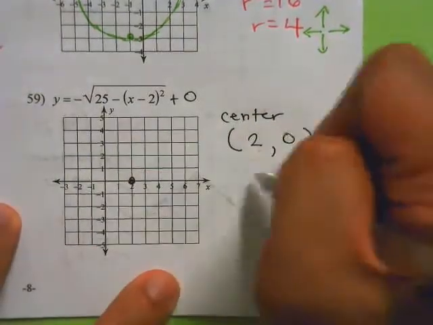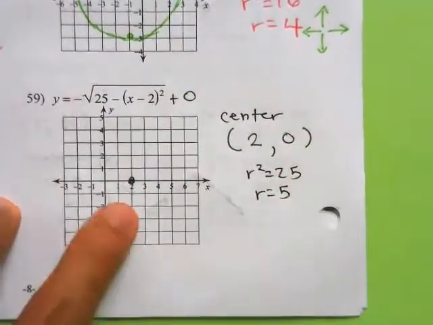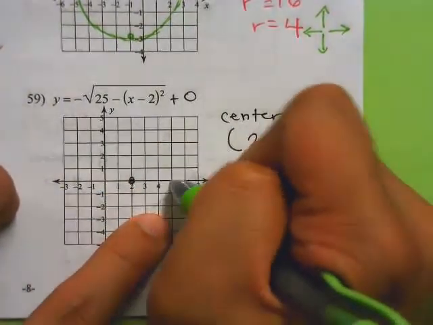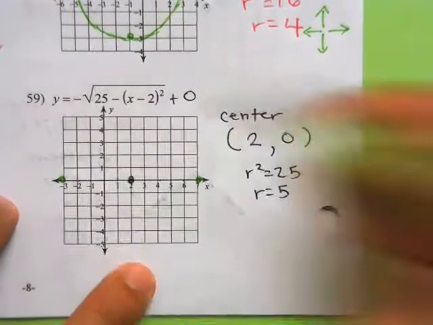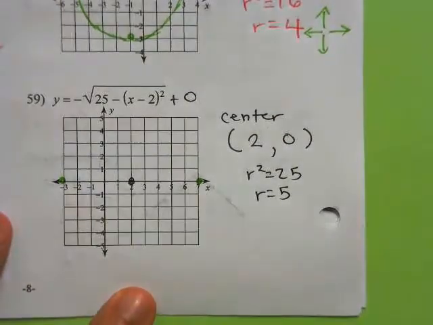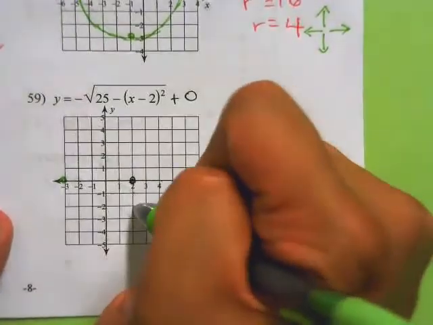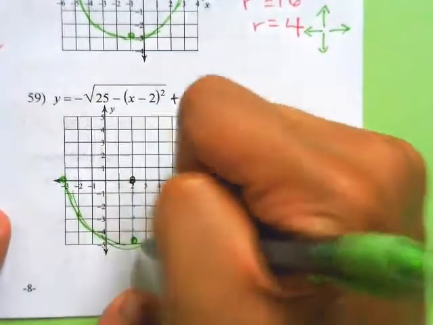Our r squared is 25, so our radius is 5. From that center, we're going to go 5 right, 1, 2, 3, 4, 5, 5 left, and we have to go down because we have that negative value here, 1, 2, 3, 4, 5. So this is the structure of that half circle.